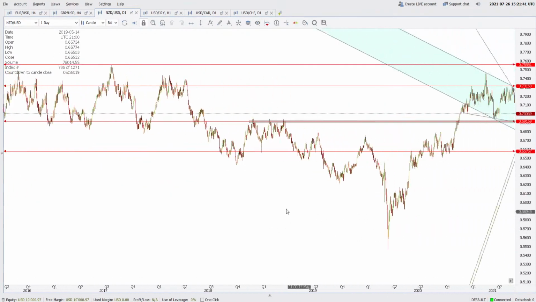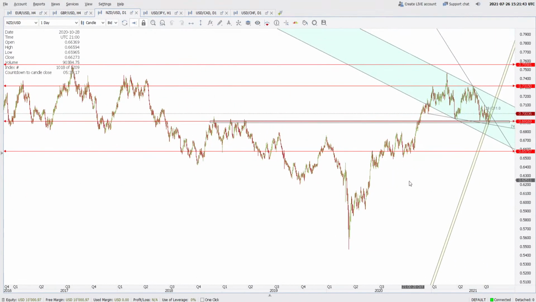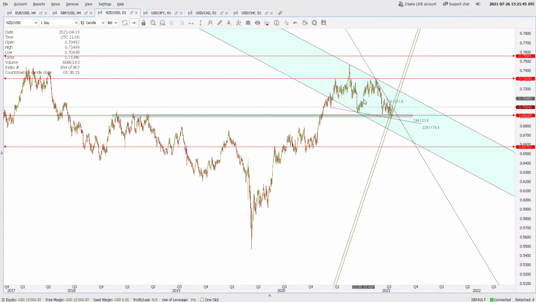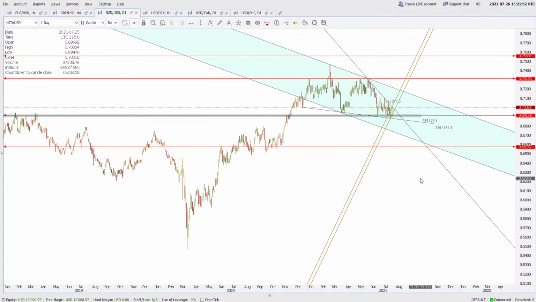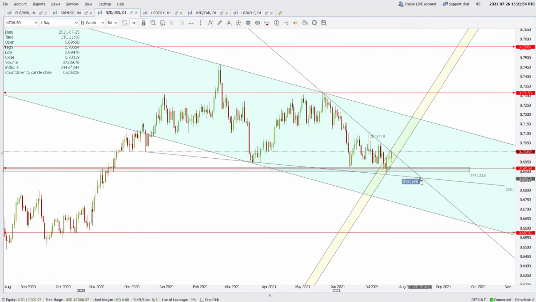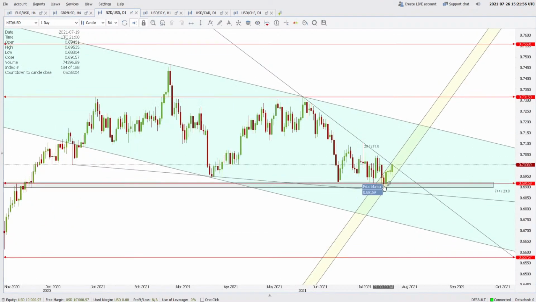Because this was a strong resistance and the price is testing it after breakout for the first time, this may act as a very good support, and maybe this is an opportunity for the buyers to go long, and that is why you can see there are 4 continuous days of buying of the New Zealand dollar against the US dollar.